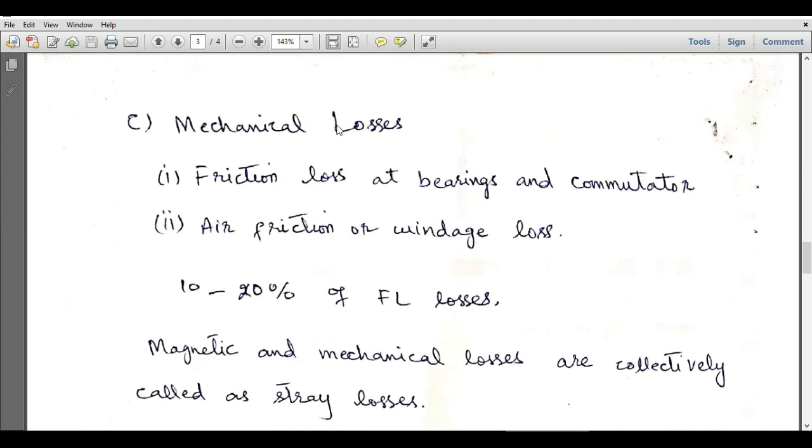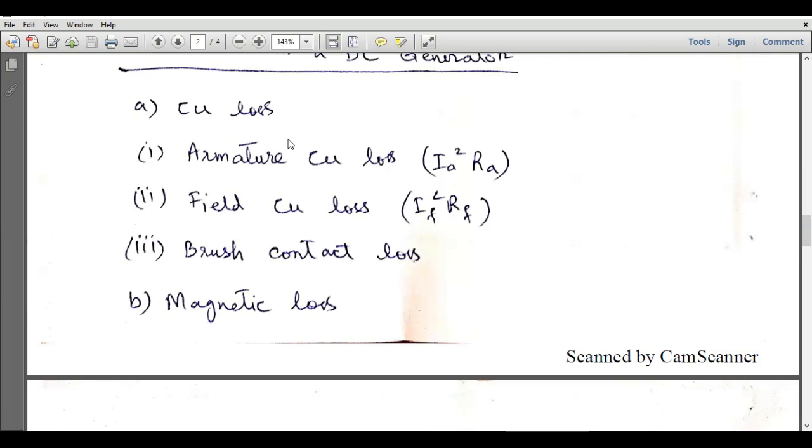These mechanical losses and the iron losses are constant losses, but the copper losses are variable losses. And in copper losses, only the armature copper loss is a variable quantity because it depends on the armature current, and armature current depends on the load current.